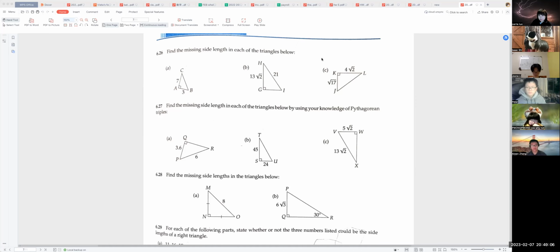So let's take a look at these ones, okay? Everybody, we're not going to spend a lot of time on these. Just number C and number C, you take a look, then we're moving forward to 6.28 because that's special angles. For the C, very easy, just this one squared and this one. I'm not going to talk about it.